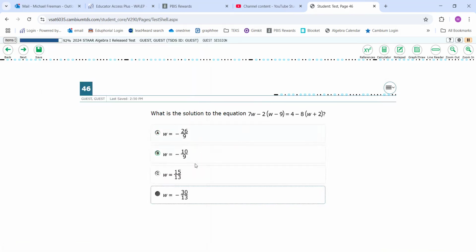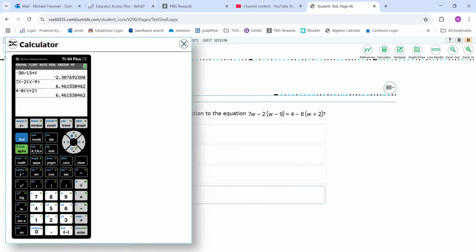If I had to try any of these other ones, let's try negative 26 over 9 instead. Negative 26 divided by 9, and I'm going to store that for X. Now I'm going to type in each side of my equation. 7X minus 2 parenthesis X minus 9, and I get some number.